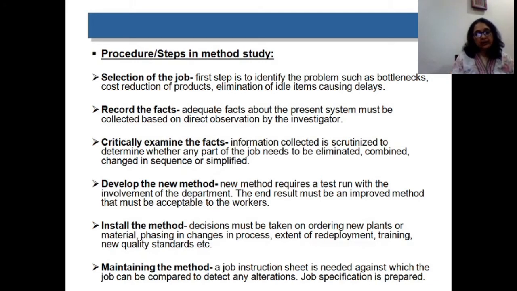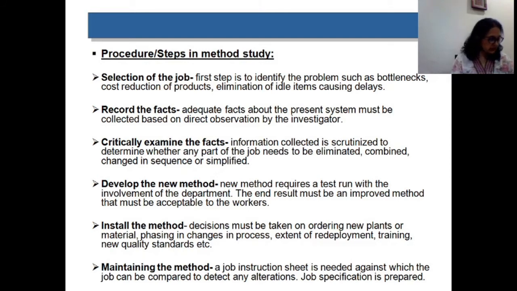And the end result should be an improved method that must be acceptable to the workers, right? So whatever improved method is developed, it should be such that it satisfies all the technical aspects and the practical requirements, and it is also acceptable to the workers.